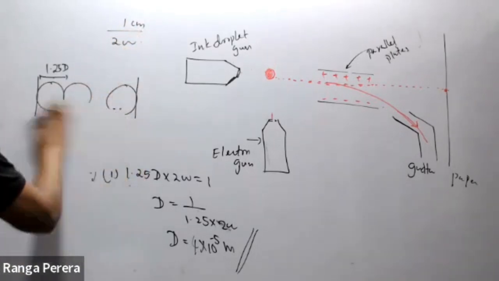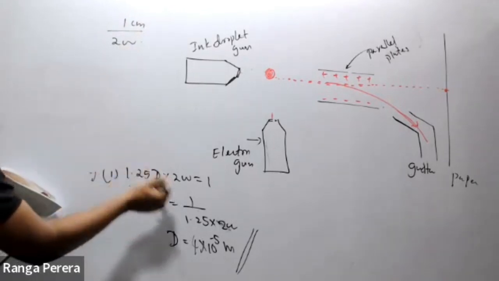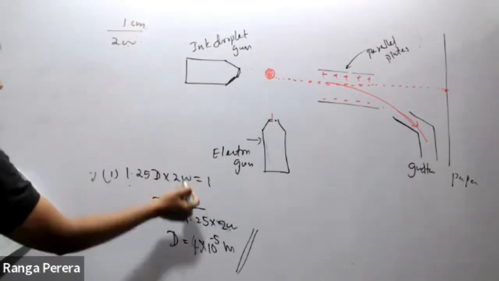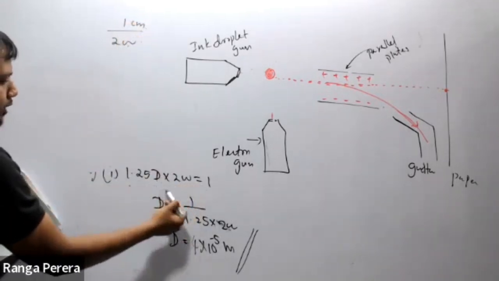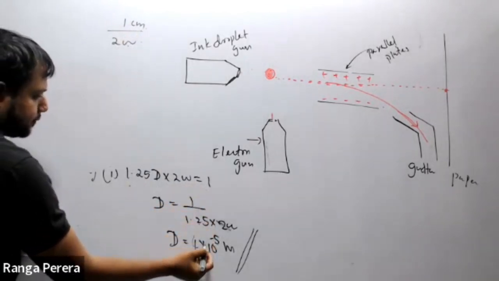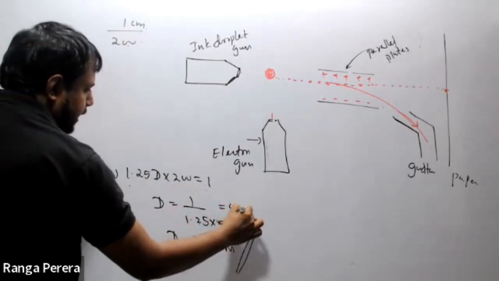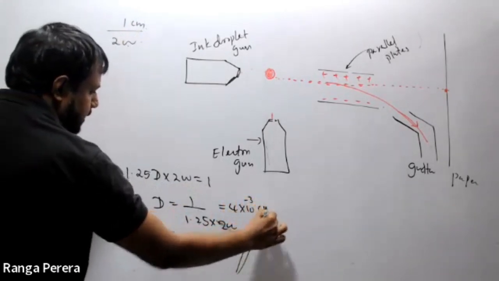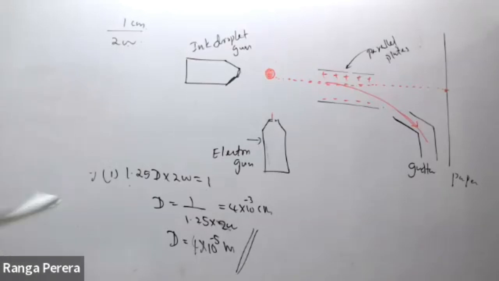Therefore 1.25 D equals 1 divided by 200 centimeter. It is 4 times 10 to the power minus 3 centimeter. It is 4 times 10 to the power minus 5 meter.